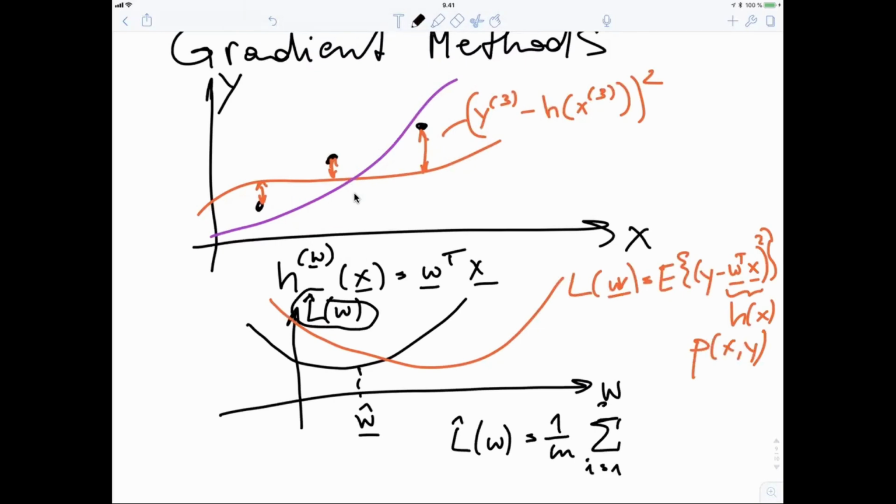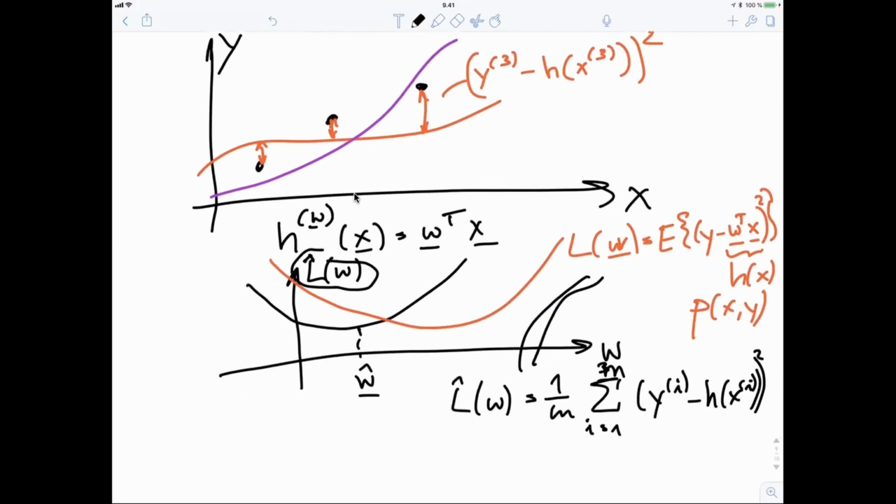So if we have 3 data points in the training set, or let's say m, then we add these losses or squared losses over all data points in the training set. And we hope that this here is a good approximation for the risk, but this might not always be the case. In particular, when is this approximation not good? How do we call such a situation or condition?